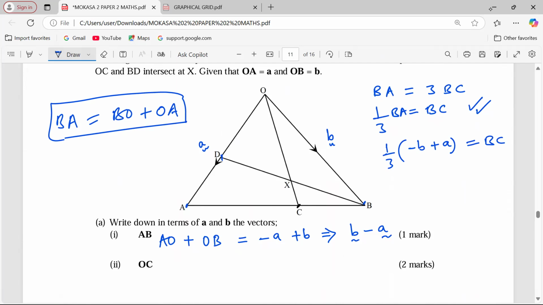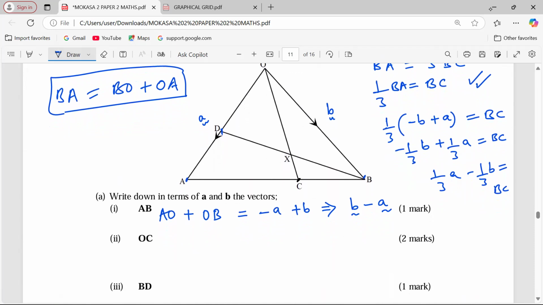So this becomes negative a third B plus a third A. Or simply we start with a third A, then negative a third of B, to give us vector BC. Now with vector BC expressed, let's get to OC.